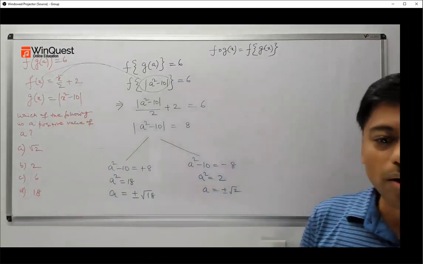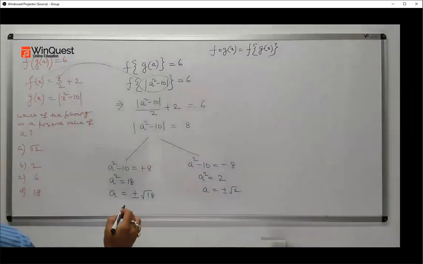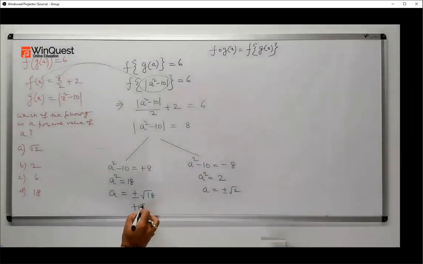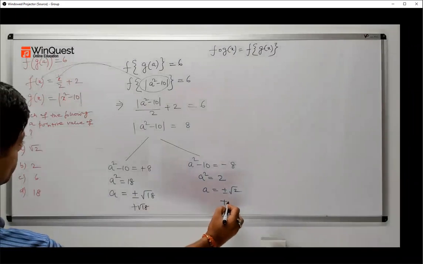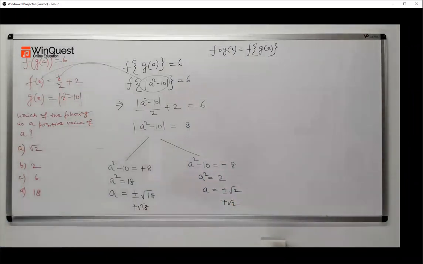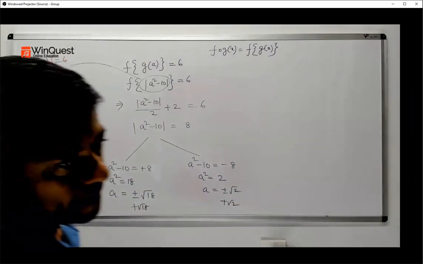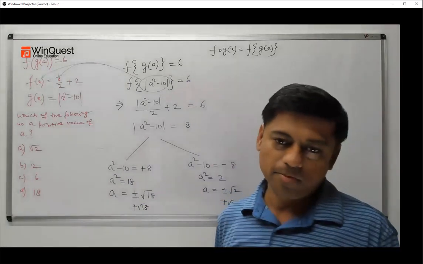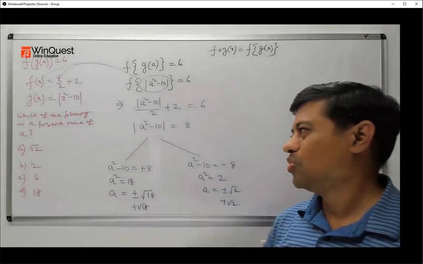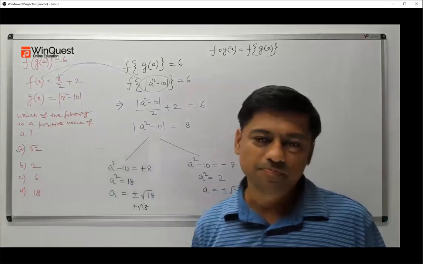As soon as you talk about positive values, it could be either positive root 18 or positive root 2. Then what should be my option as an answer? A. Good. Root 2.